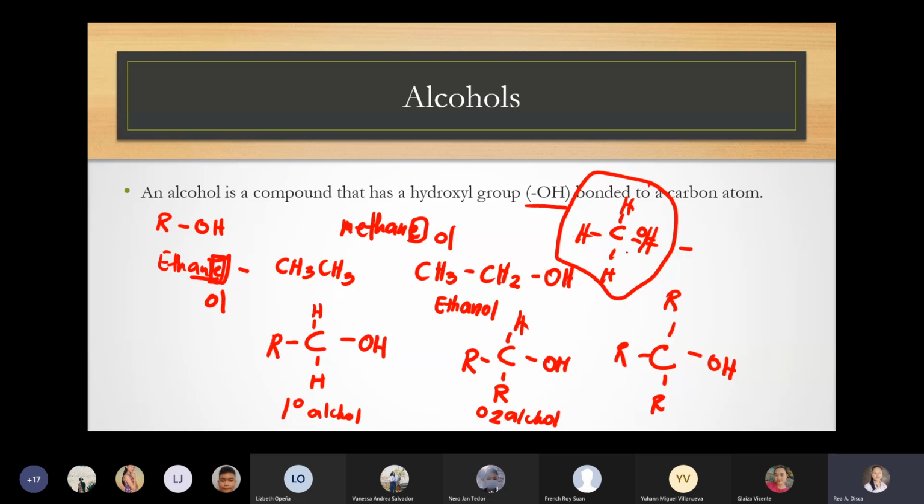So one carbon, meaning methane, bonded with a hydroxyl group makes it an alcohol. The name of this carbon compound containing oxygen is methanol. Nakuha?